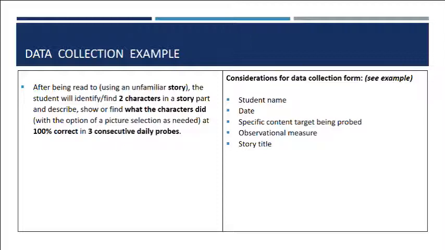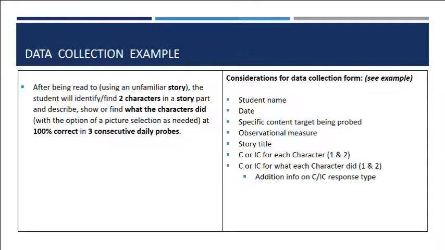You want to make sure the students are on there, and a place to keep track of the date when you collected the data, because that could have a lot of impact depending on some of that criteria we shared last slide, whether they're absent, maybe they're just having a bad day. I mean, we all have bad days, and our students included. So you need to make sure you have a way to collect some information about that. And a way to collect what target you're working on, what's the story, because maybe you can start seeing a pattern across different stories.